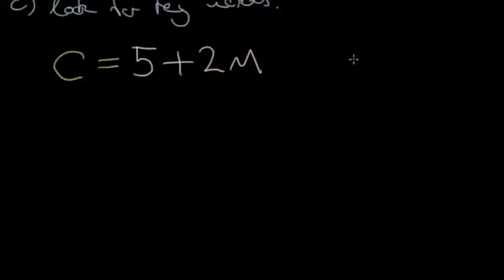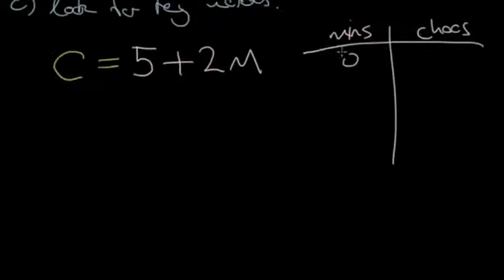So we can think about this in a table form, where if we've got minutes and chocks, 0 minutes, how many chocolates do I get? Well, it's not really a summary, so it doesn't make that much sense, but let's just say it is a summary that goes for 0 minutes. I get 5. What about if it goes for 1 minute? Well, I get 5 chocolates, and then I've got 1 minute, and I get 2 chocolates for every extra minute.